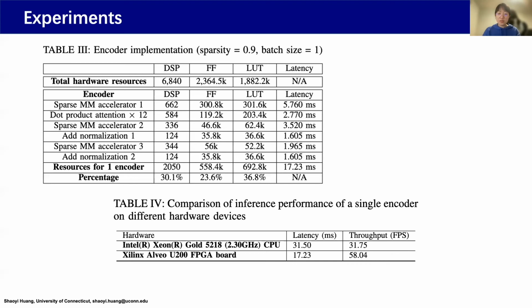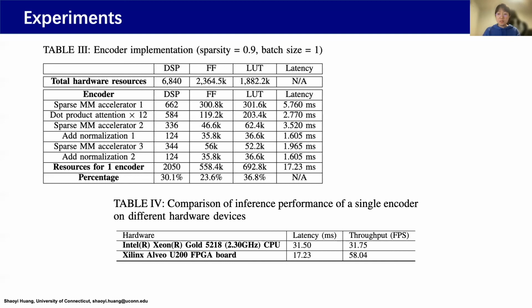The latency of an encoder is reduced to 17.23 milliseconds after optimization. So it satisfies the real-time constraints and makes it possible for various NLP tasks while operating on resource-constrained devices. We compare the latency and throughput of a single encoder with batch size of 1 on Intel CPU and Xilinx FPGA board, respectively.